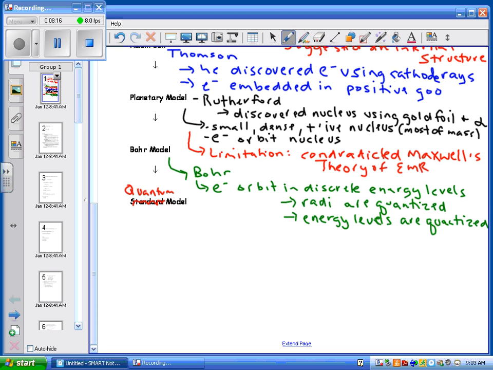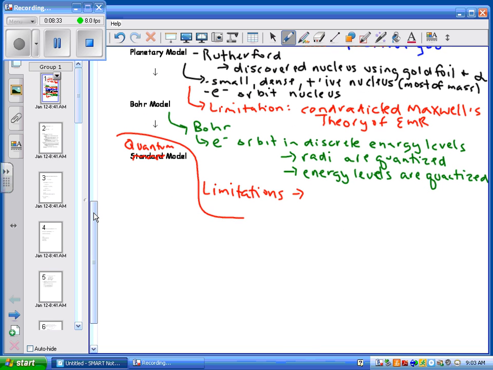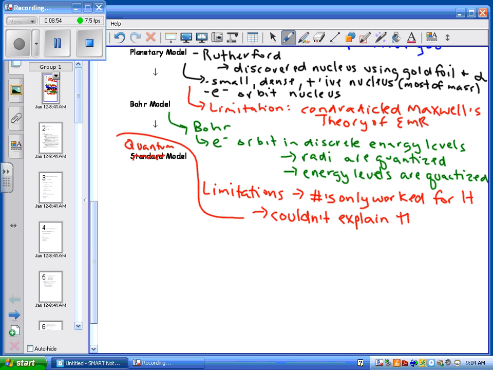And the limitations of his model: the numbers only worked for hydrogen, and couldn't explain why the energy levels were quantized.